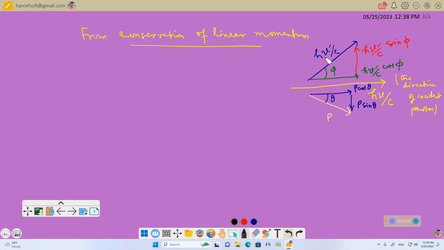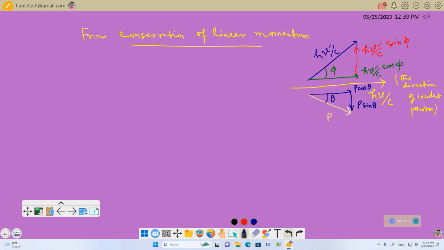The scattered photon has h nu prime by c momentum in this direction, which makes angle phi with the incident direction. So we resolved the momentum. H nu prime by c cos phi is the momentum of the scattered photon in the incident direction, and h nu prime by c sin phi in the perpendicular direction. And the electron's momentum we have resolved as p cos theta in the direction of the incident photon and p sin theta in a direction perpendicular to the incident photon.